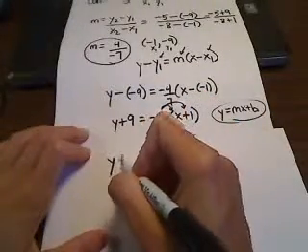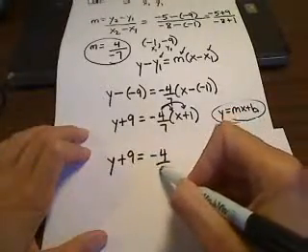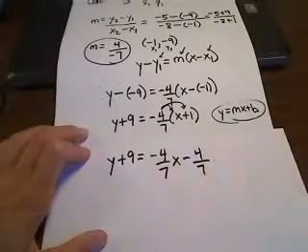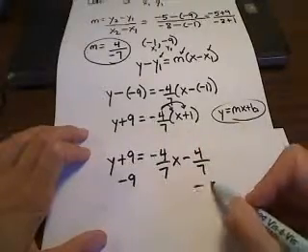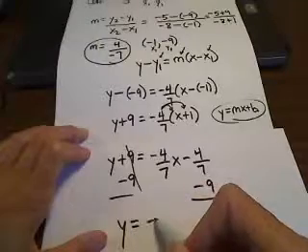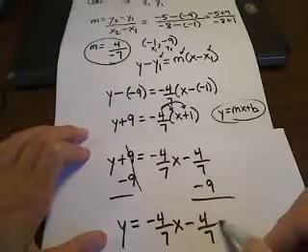So we're going to have y plus 9 equals -4/7 x, and then minus 4/7. Okay, and then I want to subtract the 9 and bring it to the other side. So subtract 9. It's going to look like y equals -4/7 x minus 4/7 minus 9.